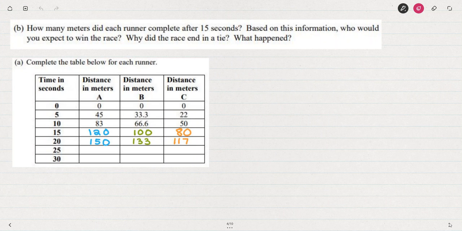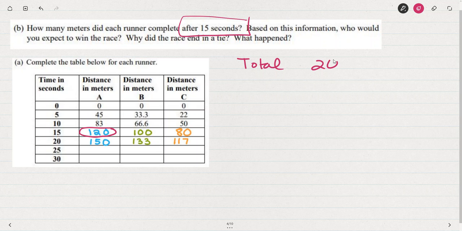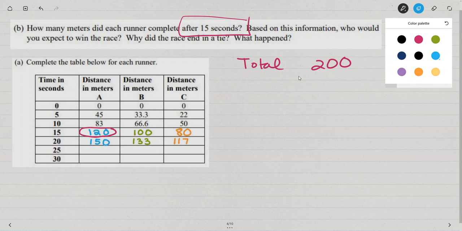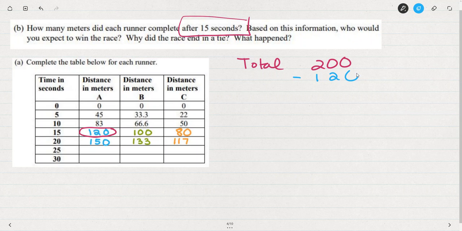So how many meters did each runner complete after 15 seconds? So after 15 seconds, we were at the 120 mark. And if the total was 200 meters, then how far did runner A go after 15 seconds?